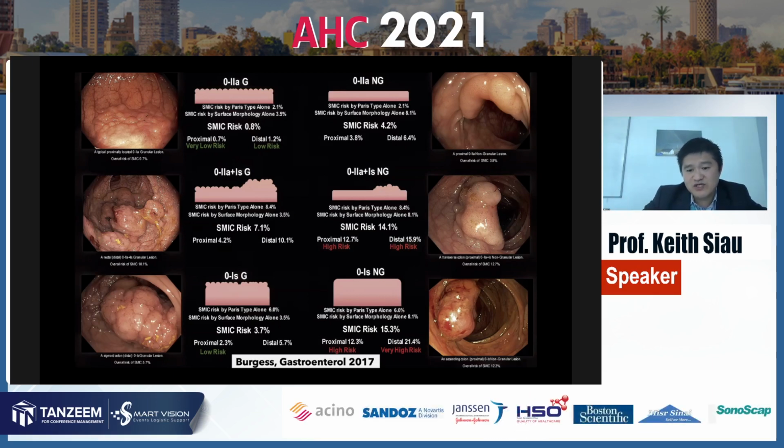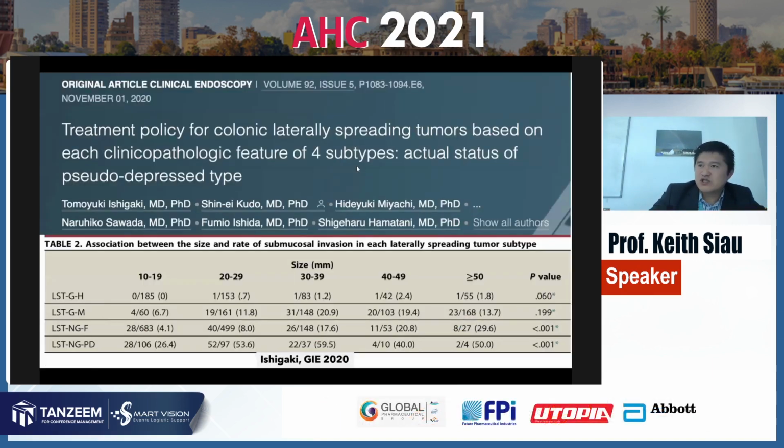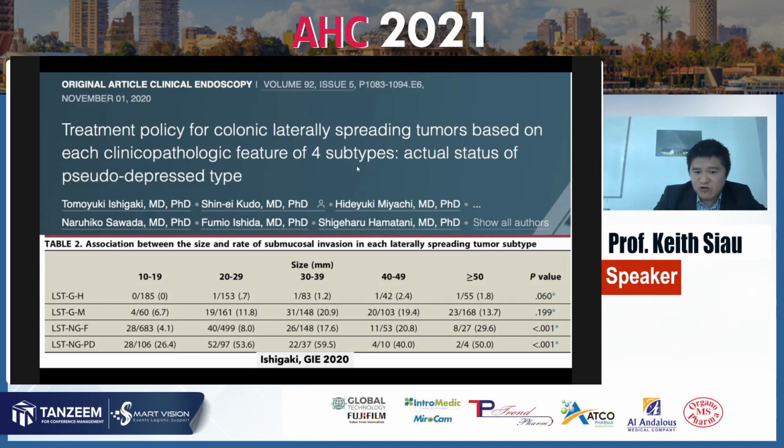And the highest risk are the ones that are 1S or with a 1S component, where the risk of occult cancer is anywhere between 1 in 6 or 1 in 5 or more, depending on the size. You can also guess the risk of occult cancer not just from the LST morphology, but by their size.